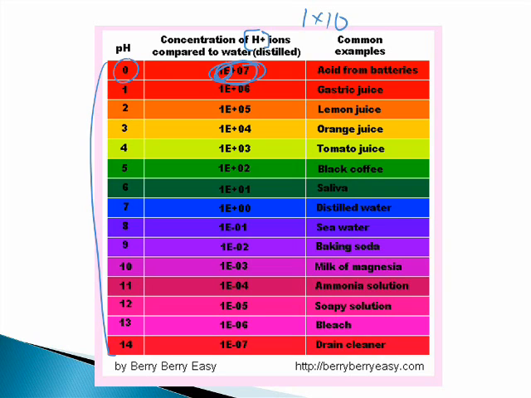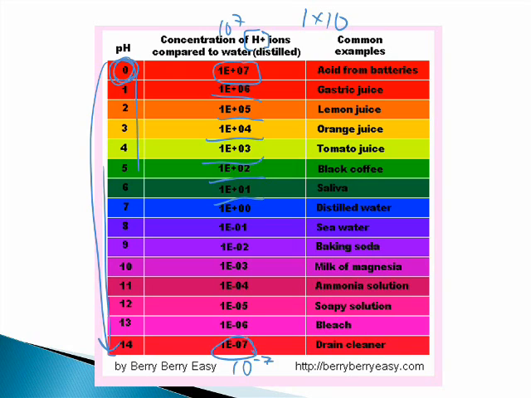The higher the concentration of hydrogen ions, the lower the pH. As the concentration gets smaller and smaller, the pH goes up. And if we have a very high pH, we have a very low concentration. So this is actually saying 10 to the minus 7, and this is saying 10 to the 7.